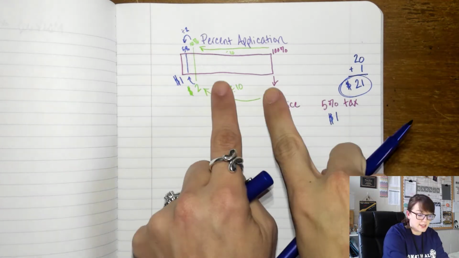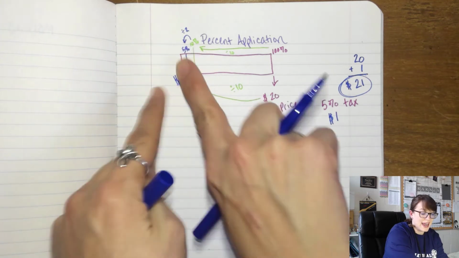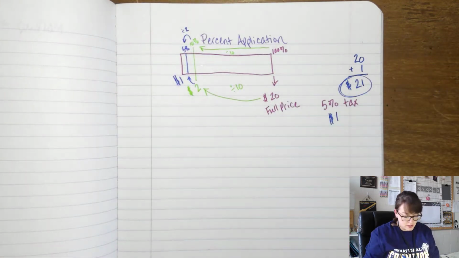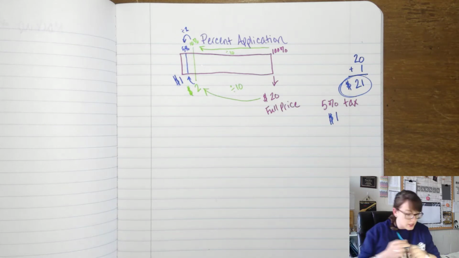Another way to look at this is if I took this 5% piece and I added it to the end. So if I moved it, find a better color. No, we're using green. Look.